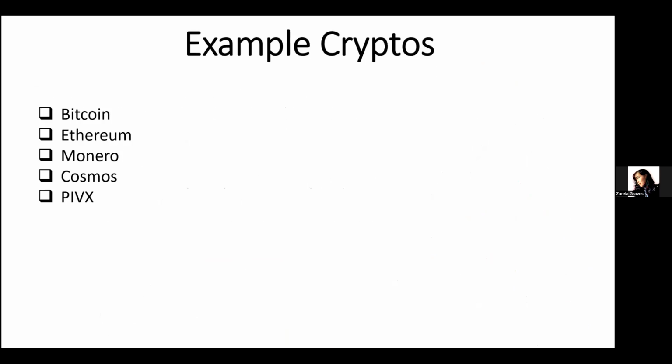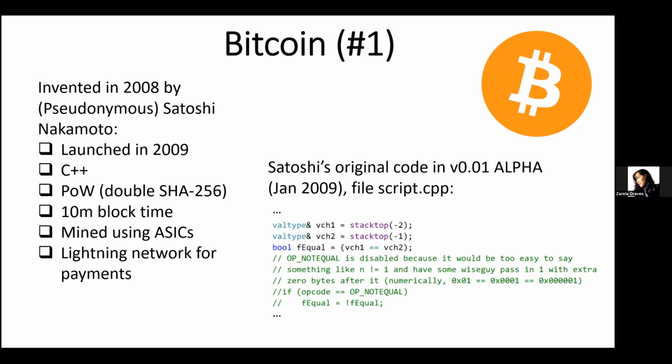Okay. So now I wanted to cover a little bit more through the lens of a few cryptocurrencies. And I didn't pick these for any particular reason other than to get some variety. So Bitcoin, we've covered a lot of it: launched in early 2009, C++, proof of work, 10-minute block time. We talked about ASICs.